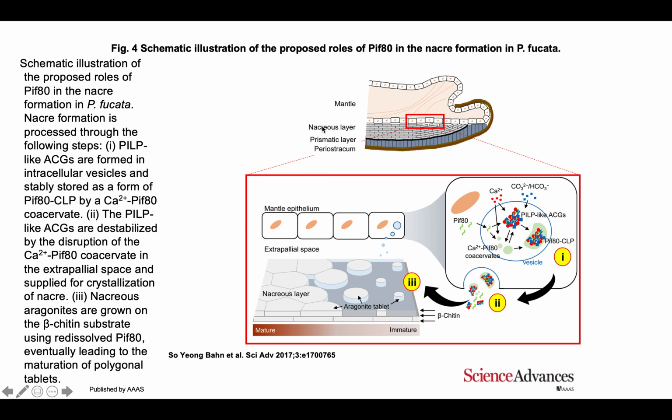This is where you would find the part that looks like a pearl still. And the prismatic layer is the part of the nucleus layer where there's a little gap in there. And then underneath that, you've got your periostracum, and this is where all of that nice Aragonite has turned to regular calcite. And then on the outside, this brown layer is, sorry, that's the periostracum. The prismatic layer is down here.